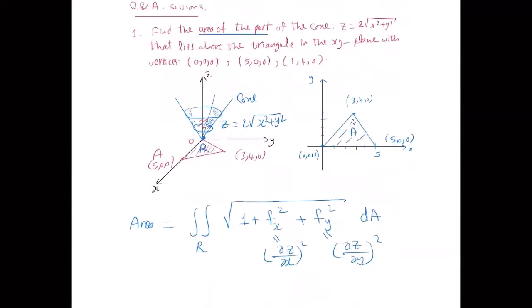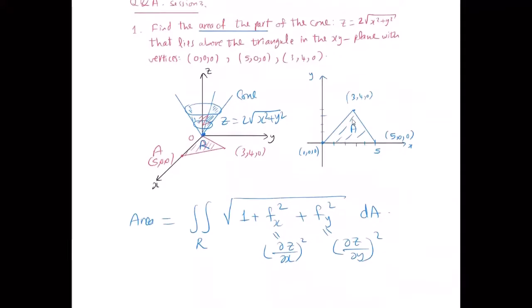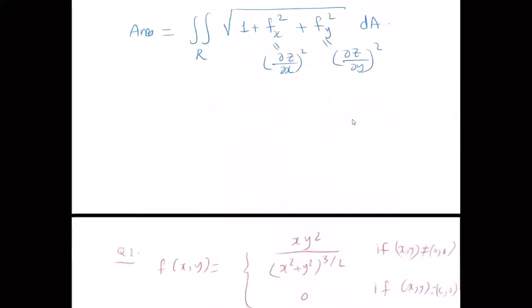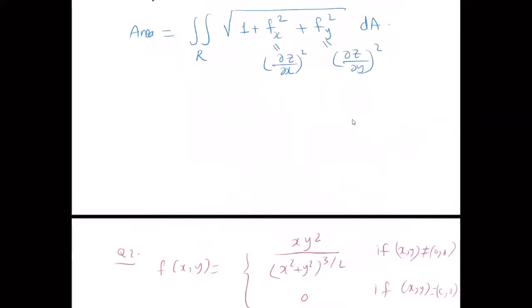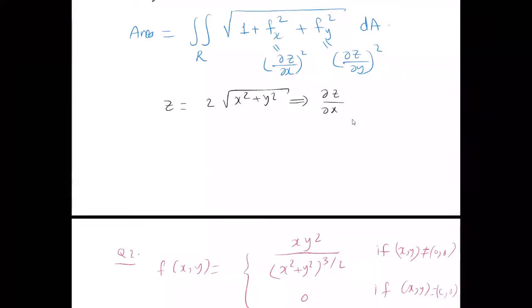It's direct, I think, so we can do it together. z is 2 square root of x squared plus y squared, which gives partial z partial x. The derivative of the square root is 1 over double the square root, times the derivative of what is inside the square root, 2x.